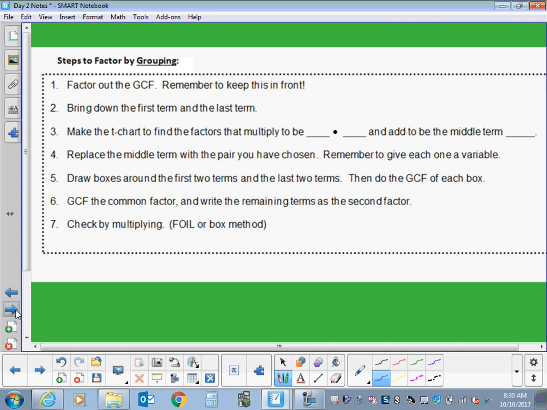So, to factor by grouping, which is what we're doing, you factor out the GCF. Remember to keep it in front. Bring down the first term and the last term.